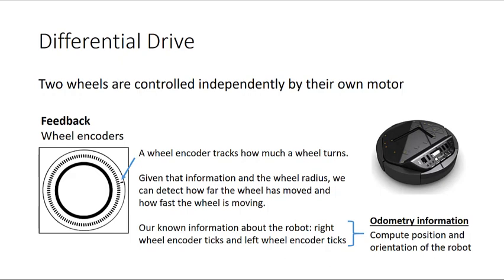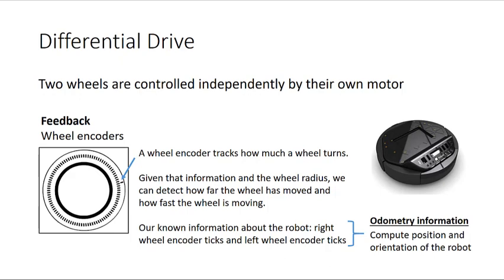And so typically the only information that we have about wheeled robots whenever we're just using wheel encoders is the number of ticks that the right wheel has gone through and the number of ticks that the left wheel has gone through. But from that really basic information, we can actually compute odometry. And odometry is the position and orientation of the robot. So essentially the geometric representation of the robot.